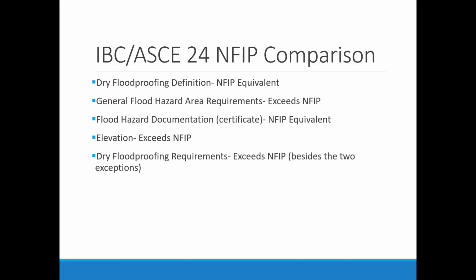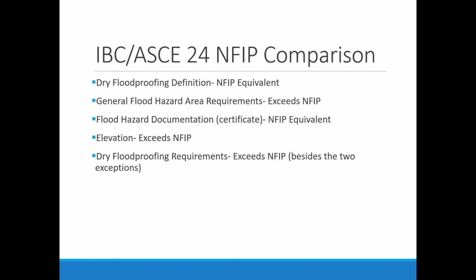Technical Bulletin 3 has clarified that a dry floodproofing design has to comply with the ASCE 24 publication, and that goes into all of the technical engineering requirements that would have to be implemented for dry floodproofing. The IBC and ASCE 24 pretty much go above and beyond the NFIP minimum requirements. So the definition is about the same.